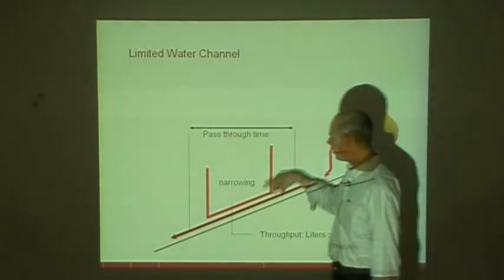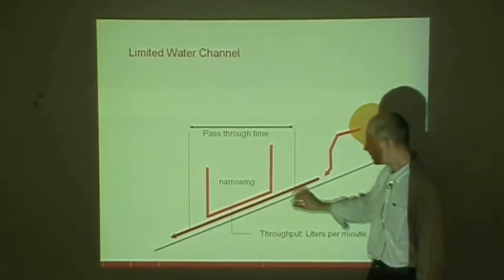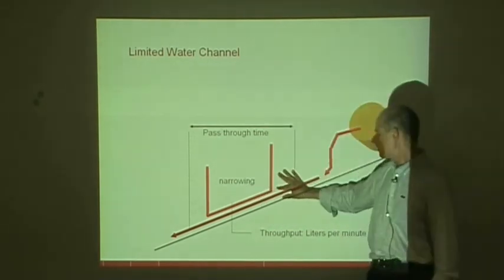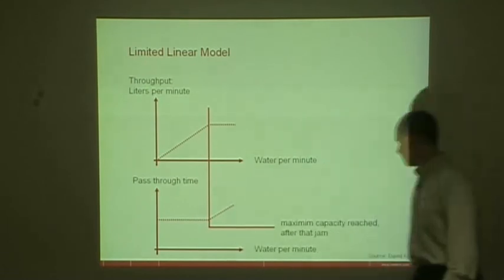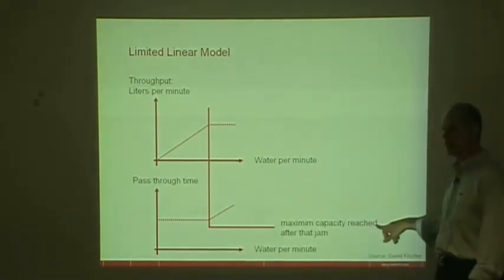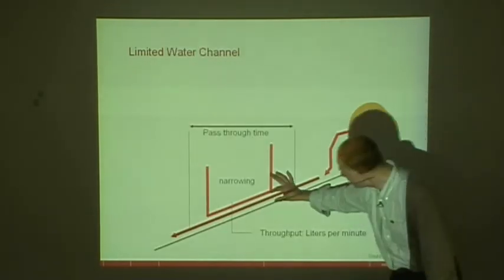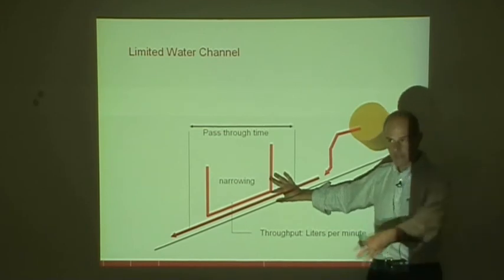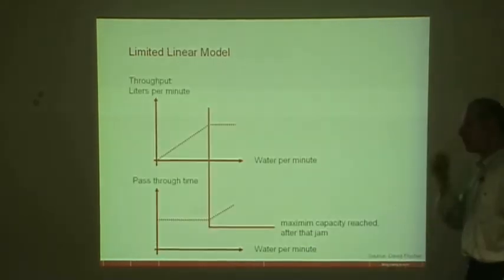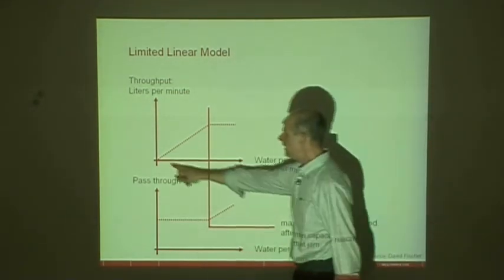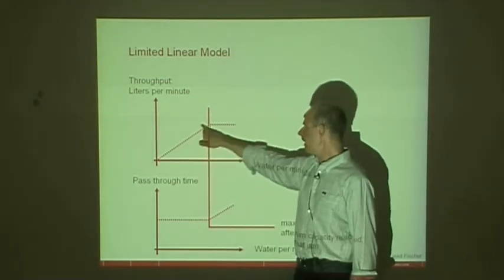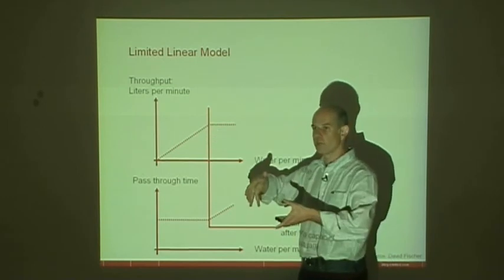So this is for the advanced. If you have something that blocks the water, so this is now a tube. What happens here, obviously, is there is a point, which I call where the maximum capacity is reached, because this tube just allows a certain quantity of water to flow. So then the load curve looks like this. Here it scales linearly up to a certain point when the tube is full.